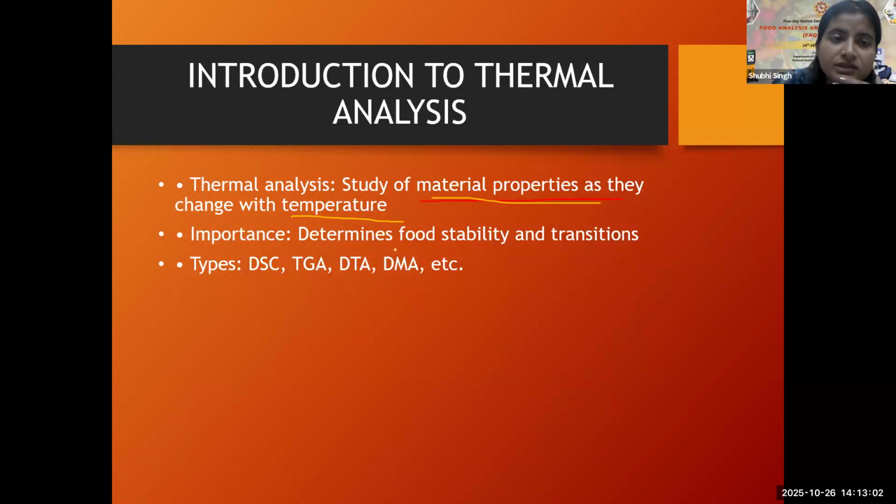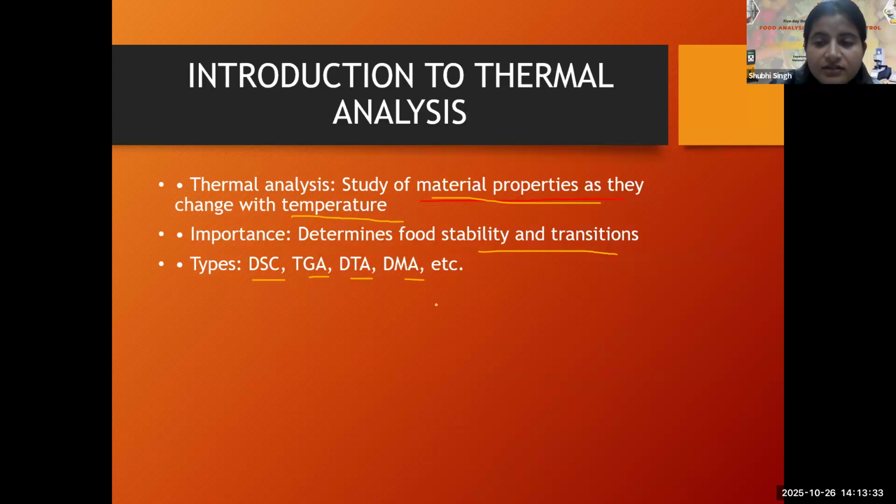So its importance is to determine food stability and the different transitions. Different types of thermal analyses are DSC, TGA, DTA, DMA. What are these? DSC is basically differential scanning calorimetry. Then TGA is thermogravimetric analysis.